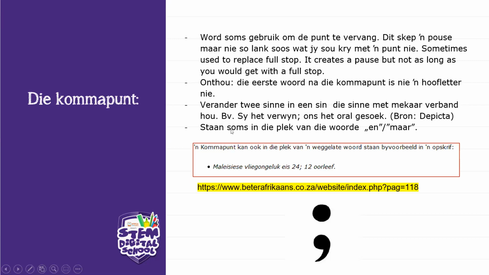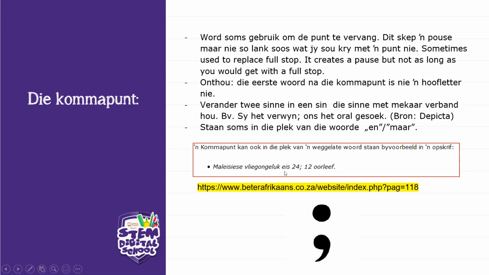And then it can stand in the place of the words en and maar. Dit staan soms in die plek van die en maar. Very important. Lastly, 'n komma punt kan ook in die plek van 'n weggelate woord staan, byvoorbeeld in 'n opskrif. Guys, it can also replace a word sometimes, especially when we, for instance, write a heading of something.